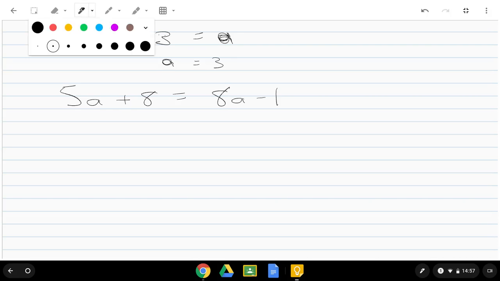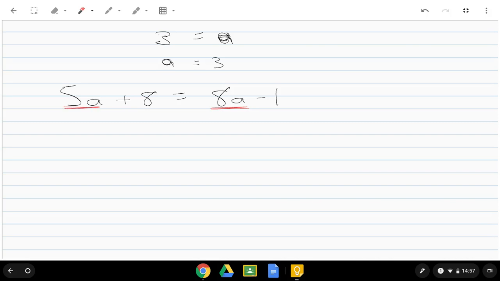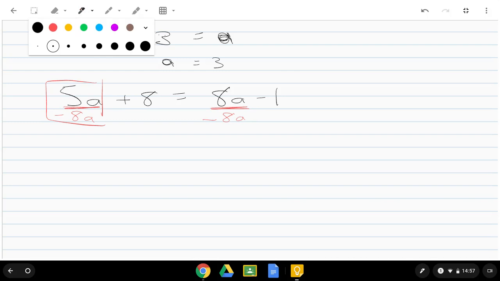So what I said before is I like to move everything towards the largest coefficient of my pronumeral. But let's look what happens if I subtract 8a from both sides. Okay, when I subtract 8a from 5a, I get minus 3a.